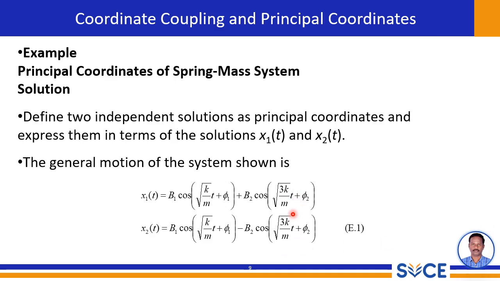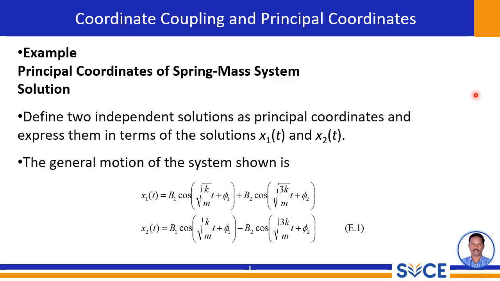These are the natural frequencies of the system itself. They tell us how fast the system oscillates in each of its modes. The constants B1 and B2 represent the amplitude of the vibration in each mode, and phi1 and phi2 are the phase angles, which tell us the initial position of the system at time t equal to 0.